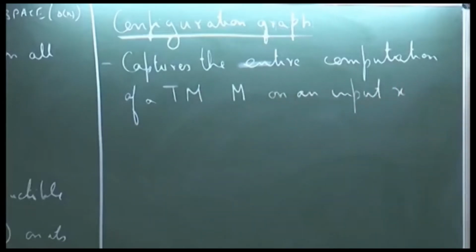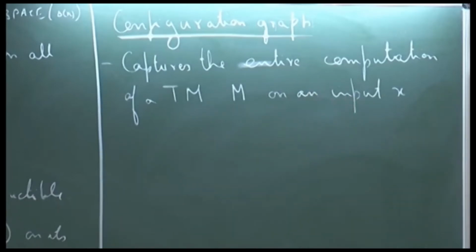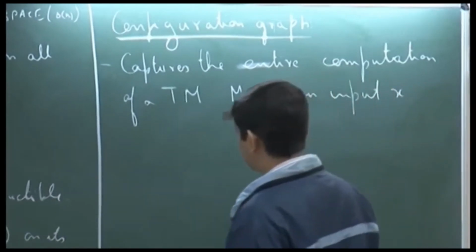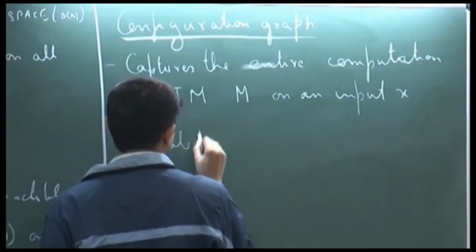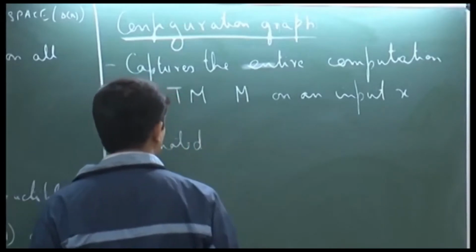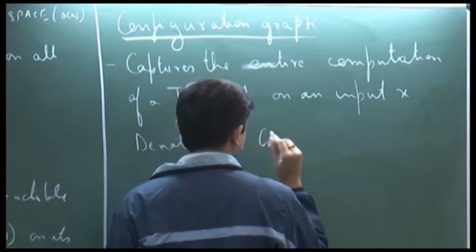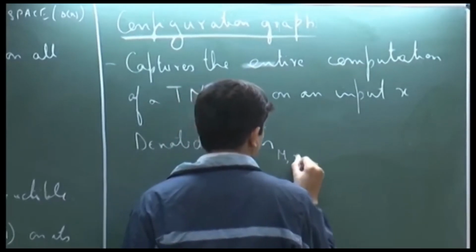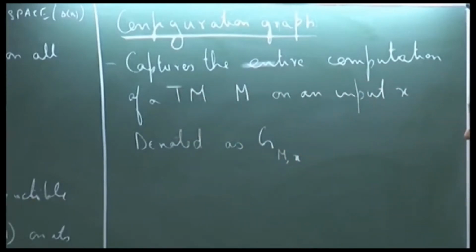So, the configuration graph is with respect to a given Turing machine and a given input, and this is denoted by G subscript M comma x. Okay.